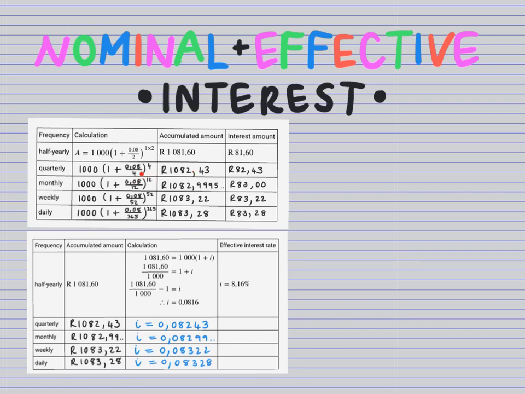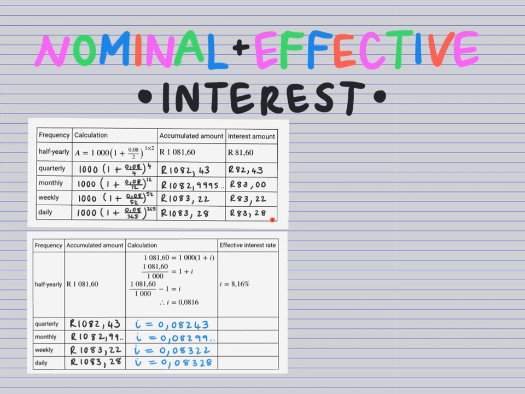I've figured out, with my changing compounding periods from quarterly, monthly, weekly, daily, what would happen to 1,000 Rand if it was growing at 8% over a year for these different compounding periods. We can see the amounts are quite close together, but we are expecting an increase as I go from compounding semi-annually to compounding every day of the year.